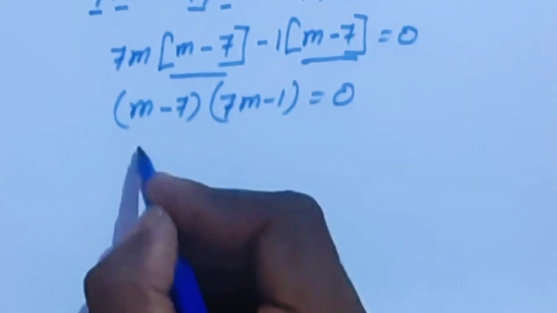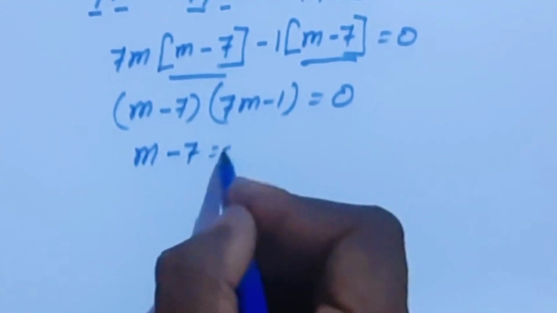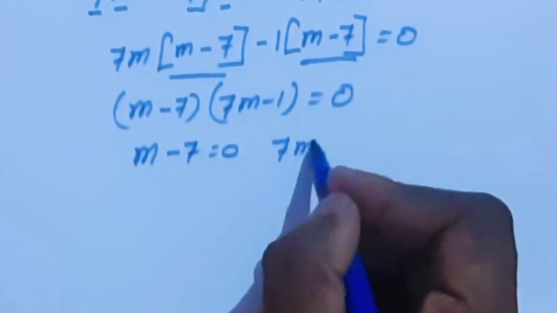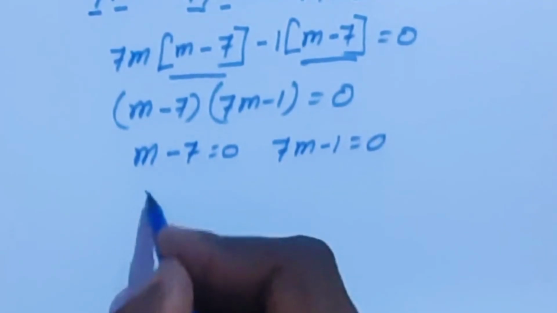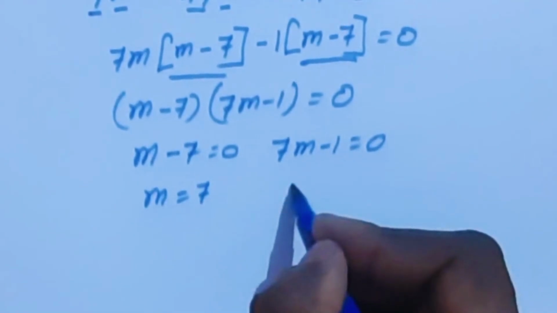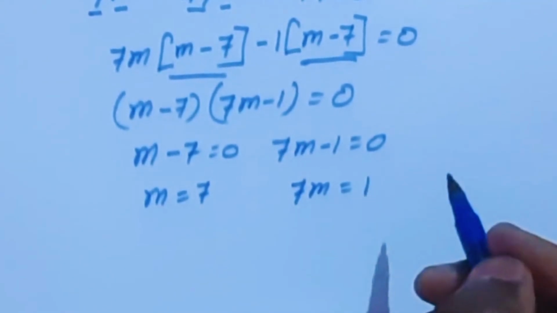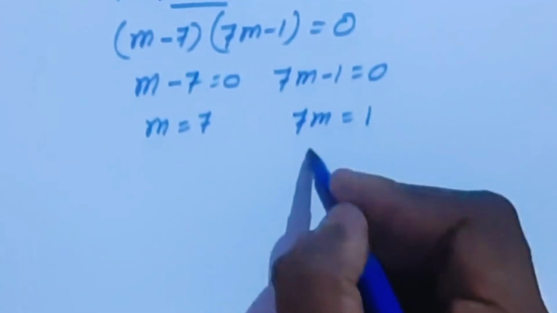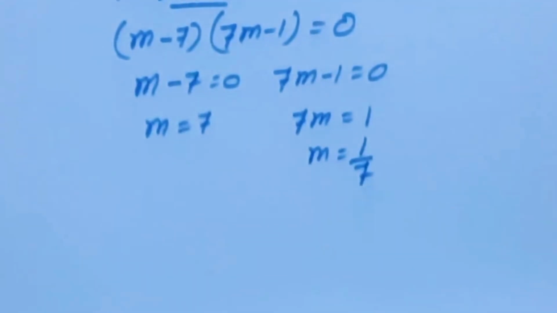From this we have two equations. One is m minus 7 equal to 0, other one is 7m minus 1 equal to 0. From this m equal to 7, from this 7m equal to 1. This can be written as m equal to 1 by 7.